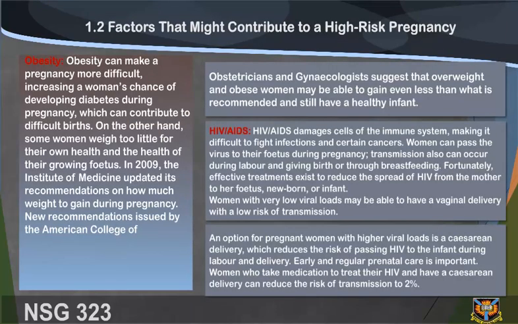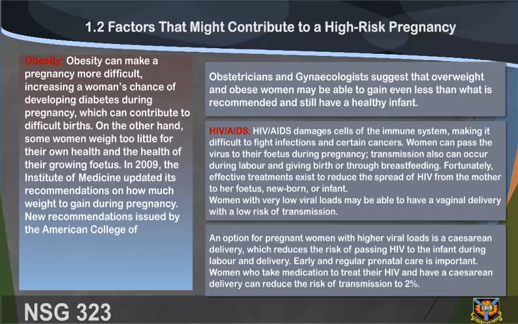Obesity. Obesity can make a pregnancy more difficult, increasing a woman's chance of developing diabetes during pregnancy, which can contribute to difficult birth. On the other hand, some women weigh too little for their own health and the health of their growing fetus.